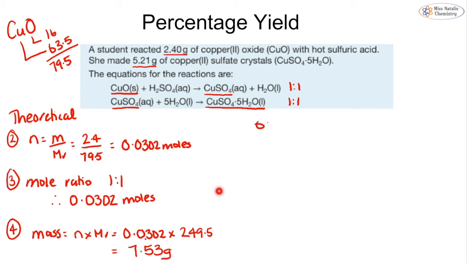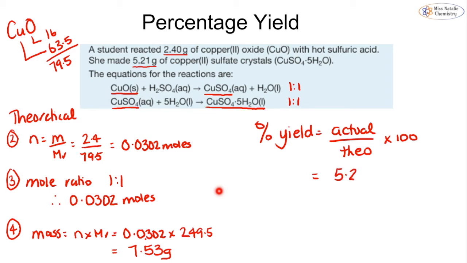Now to determine our percentage yield, we do the actual divided by the theoretical times 100. So the actual we get from the question. We have 5.21 divided by our theoretical, which we've just worked out, is 7.53 times 100, and that gives you a percentage yield of 69.2%.